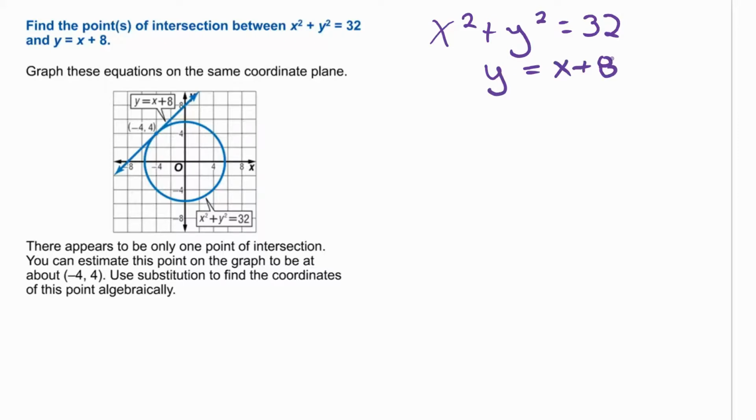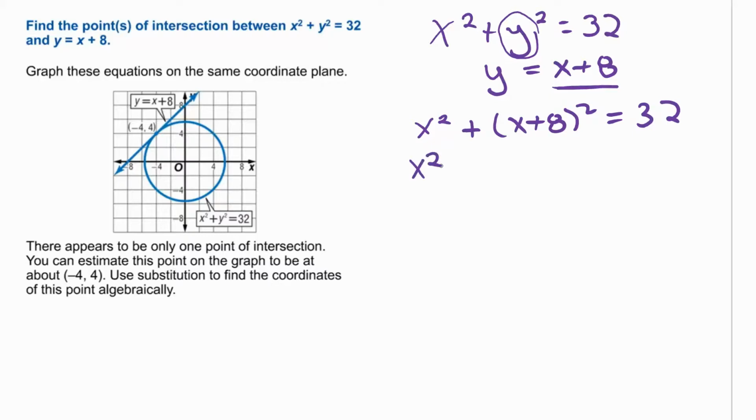We have solved systems of equations in this class and in Algebra 1. This one's a little different because we have x squared and y squared. But I'm going to take this x plus 8 and put it in for our y. So I have x squared plus x plus 8 squared equals 32. X squared plus, I'll need to use our pattern on x plus 8 squared, or you will FOIL it out.